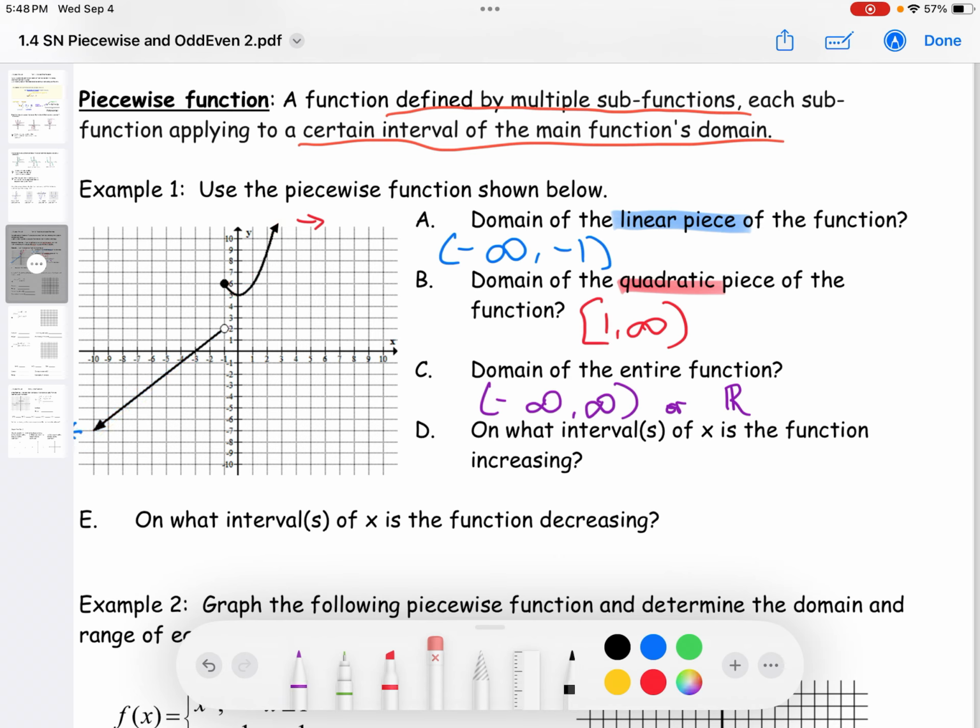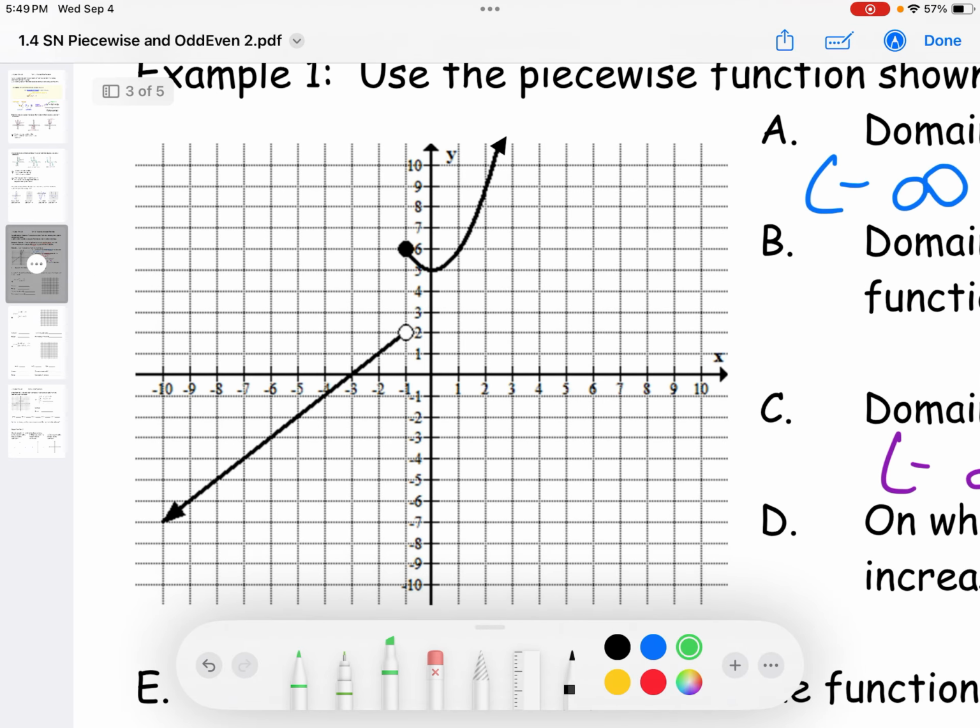Now, another thing we talk about with these functions a lot is intervals of x where the function increases versus decreases. The function increases left to right if it's going up. So we see a couple places where this function does increase. Starting on the left, moving to the right, that entire linear piece increases. When we start over with the quadratic, it goes down first, but then starts going up again.